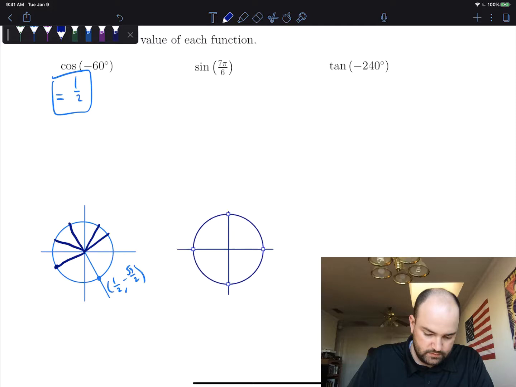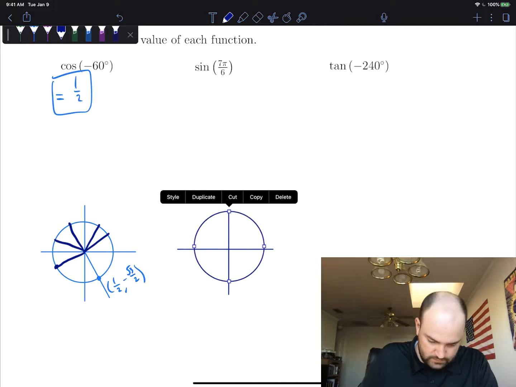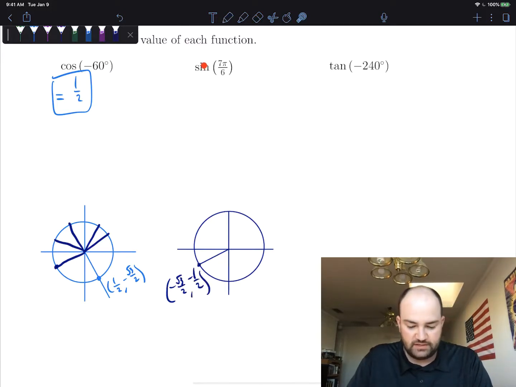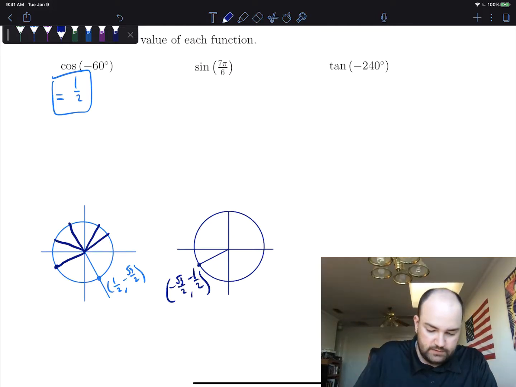There we go. That coordinate, negative root 3 over 2, negative 1/2, and it's sine, so I need the y value, and the y value is negative 1/2. So here, we get negative 1/2 out of it.